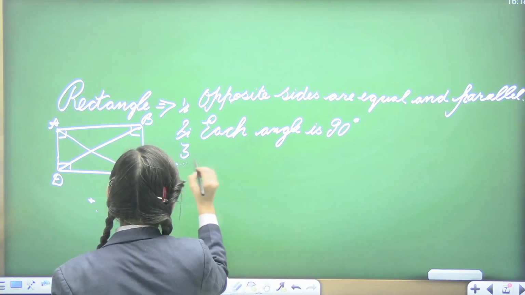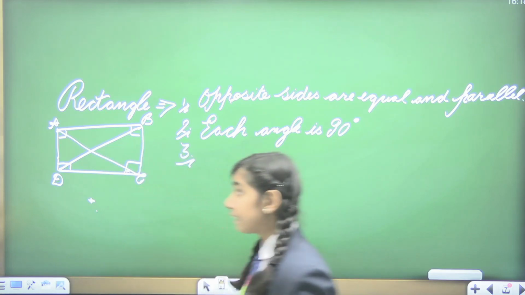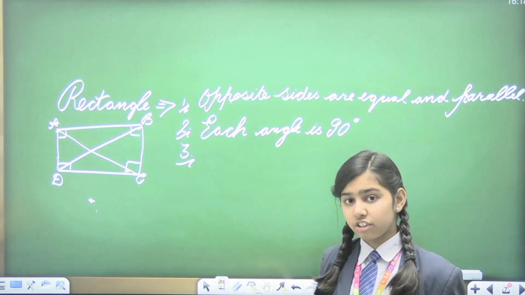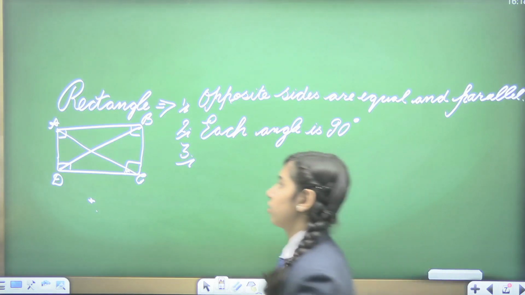So the third point is that it has its diagonals equal and they bisect each other, just like a square.